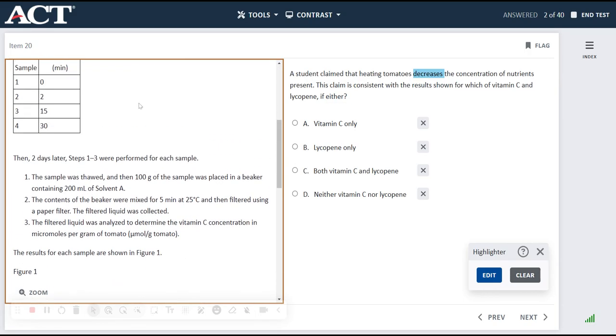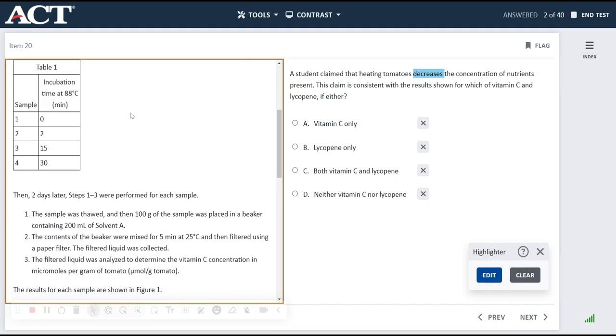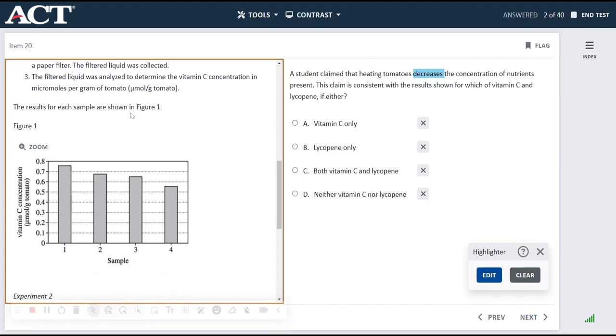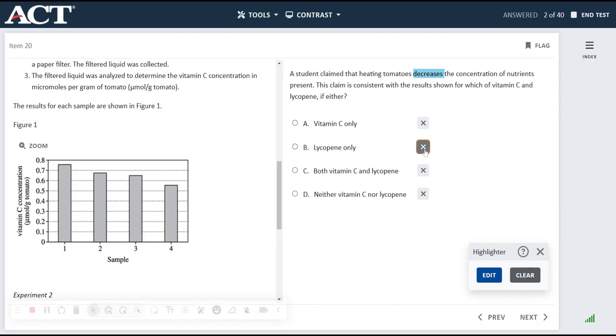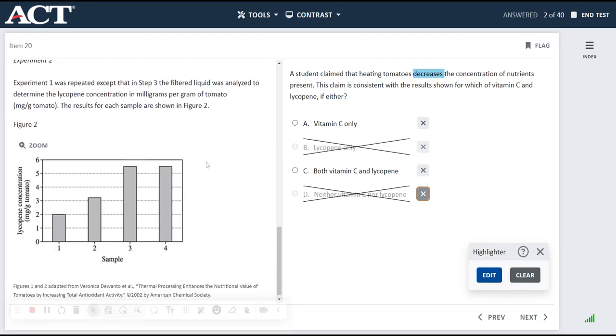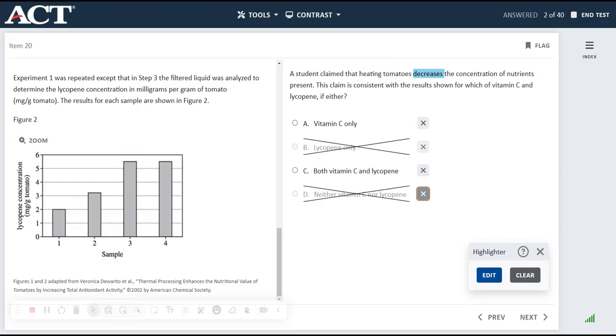All right, so the first experiment is they're analyzing vitamin C. And we can see that it does decrease, so it is consistent with vitamin C. So it's not lycopene only, and it's not neither. Now let's go down to lycopene, and that looks like it increases. That's not correct, so it's going to be vitamin C only, or A.